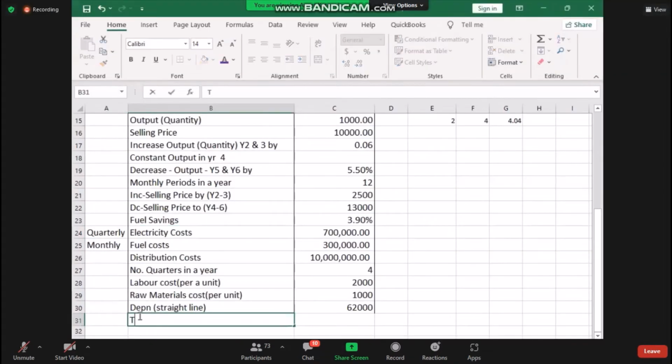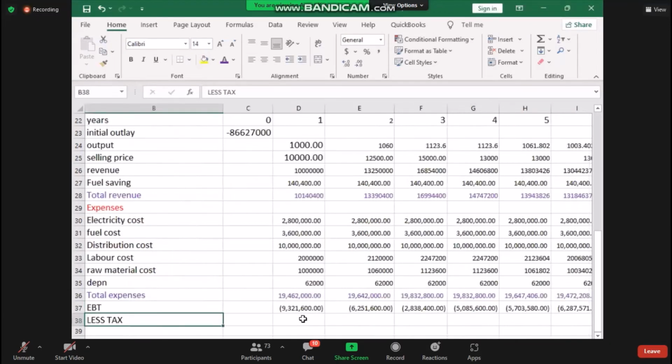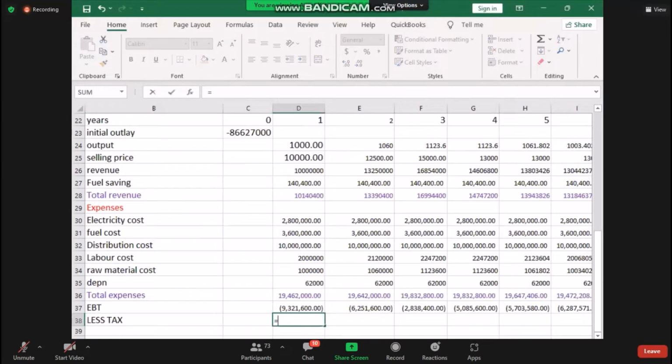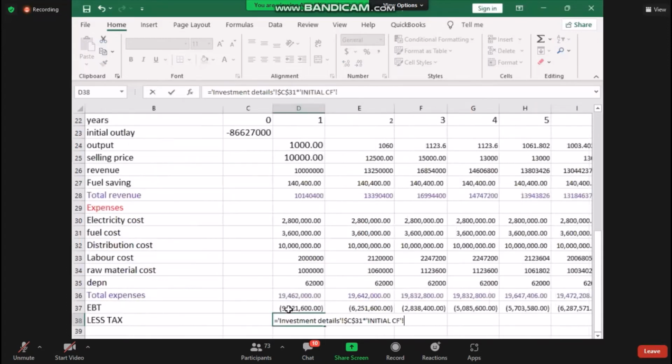Let me just put it here. The tax is 35%. So go to your initial cash flow and get off the 35%, equal sign. We have that in our sheet here. Fix it, multiply it by the earnings before tax, that one. Enter. So that will be the tax component.